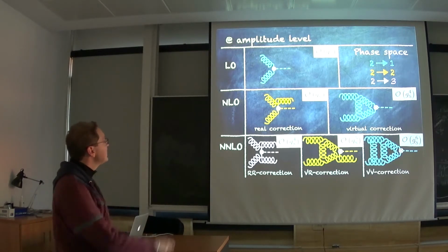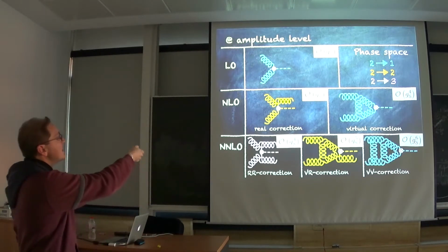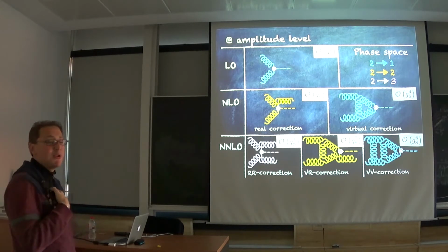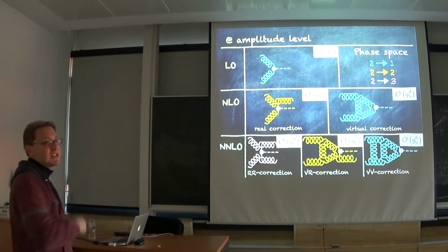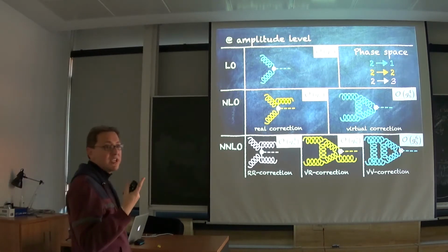If I square, you might think, okay, but this is a different process, because I'm not producing a Higgs plus something else. I am producing only a Higgs. I am saying gluon gluon to Higgs.